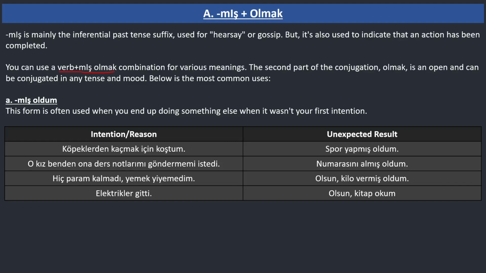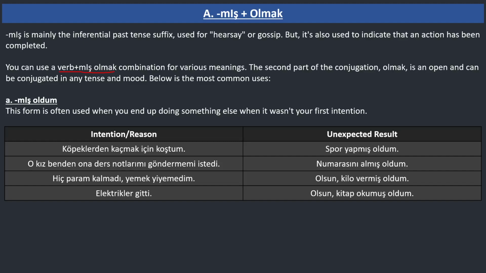Kitap okumuş oldum. So with this opportunity, I had some free time to read books. So the electricity went off, but okay, that's okay. I ended up reading books during the day while I'm in the office. My computer shut down because of no electricity, so instead, I decided to read books.